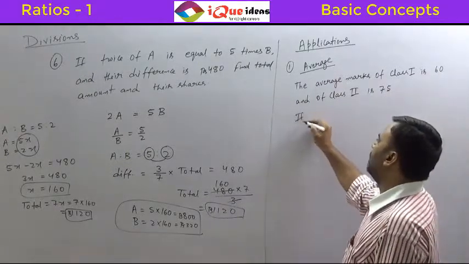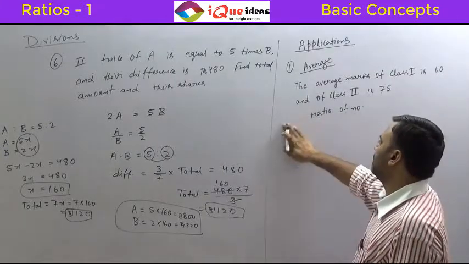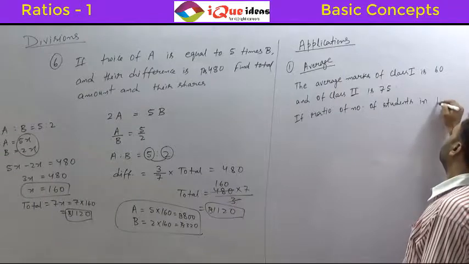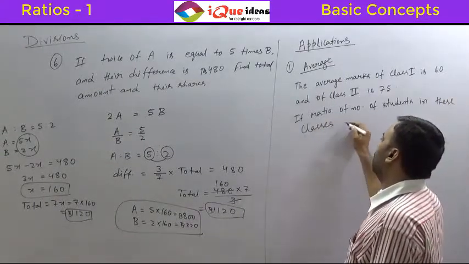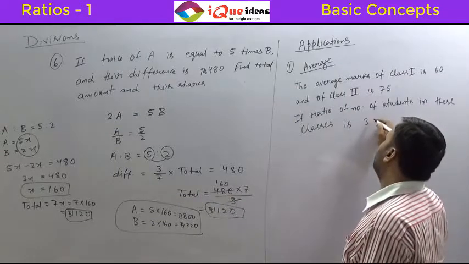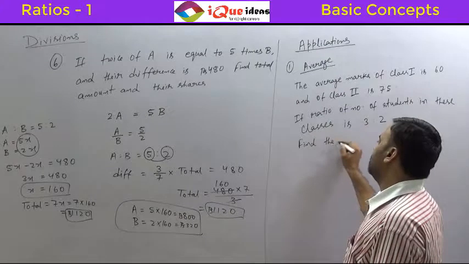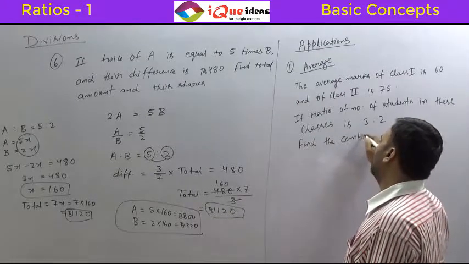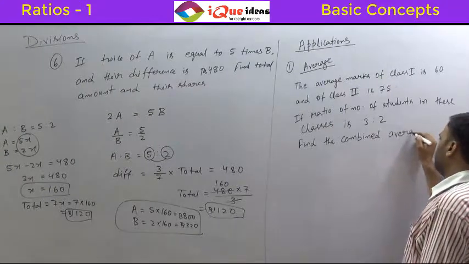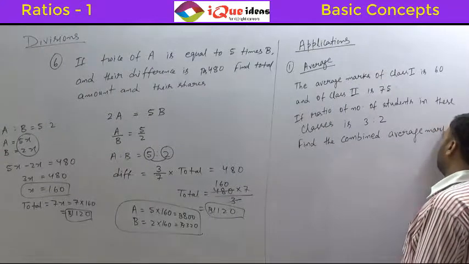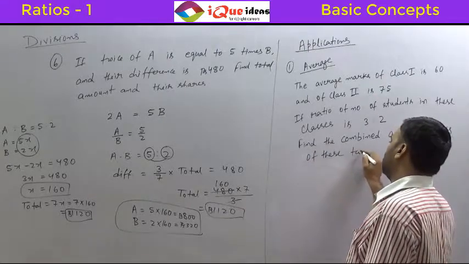If the ratio of the number of students in these classes is 3:2, find the combined average marks of these two classes together.